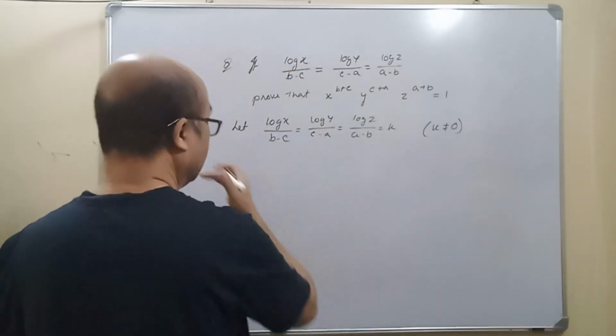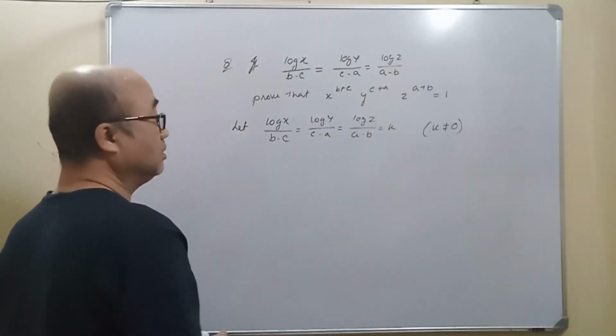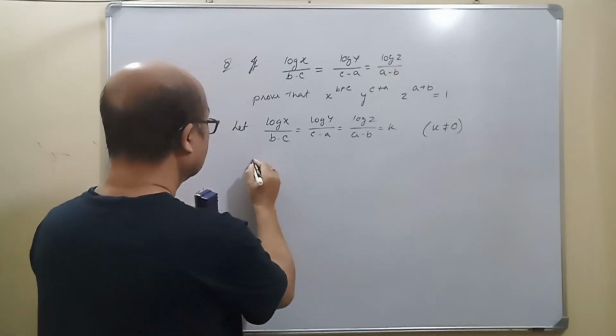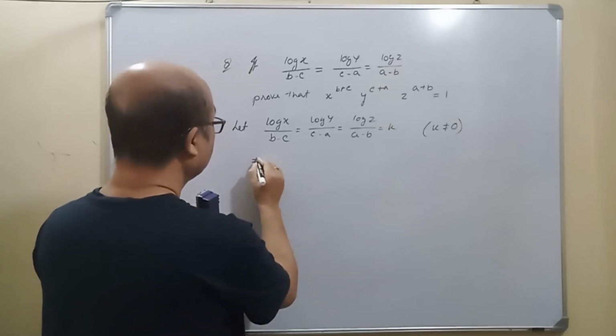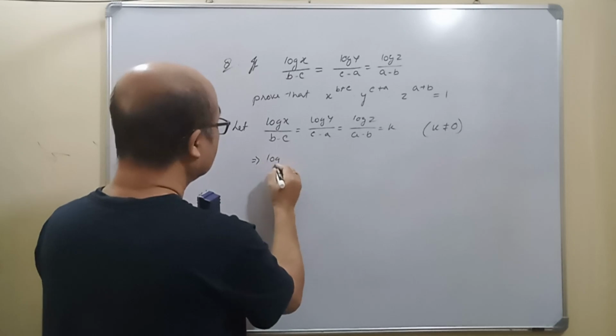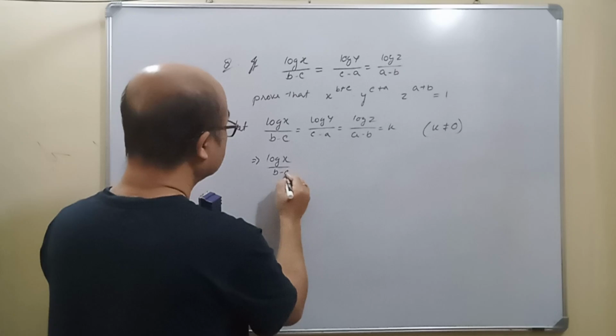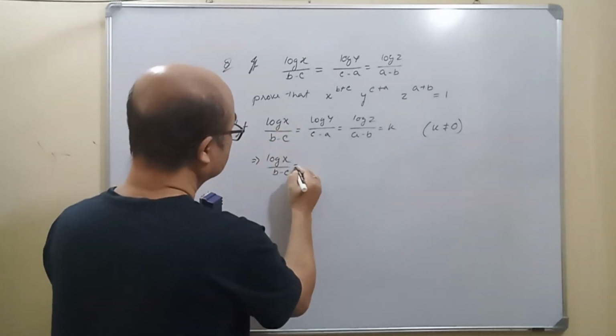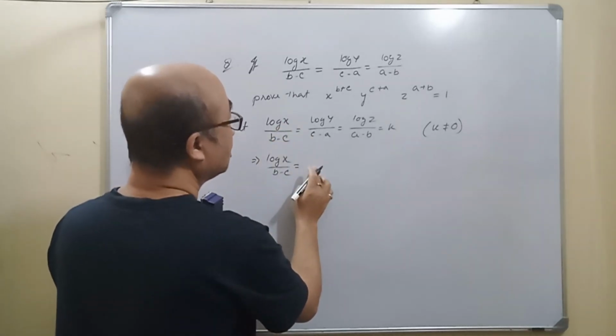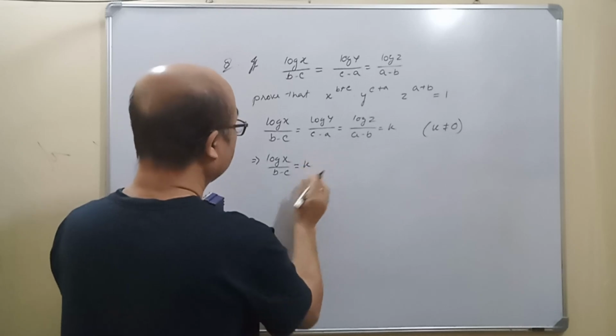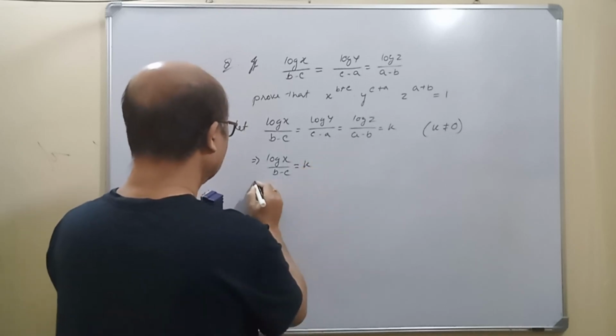K can be anything, which means log x by b minus c is equal to k.